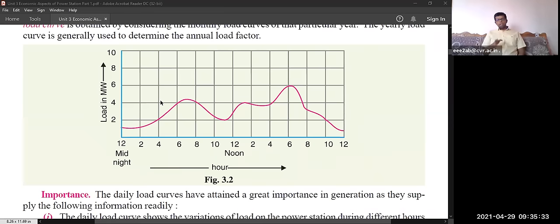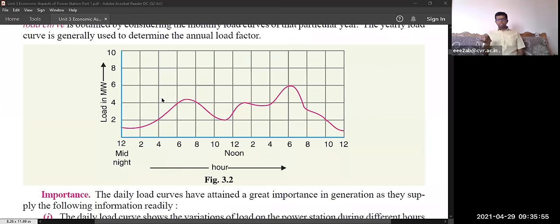Note down the energy at 12 noon on paper, then at 1 o'clock, 2, 3, 4, like that, once every hour go to your energy meter and note down the reading, up to 10 o'clock.